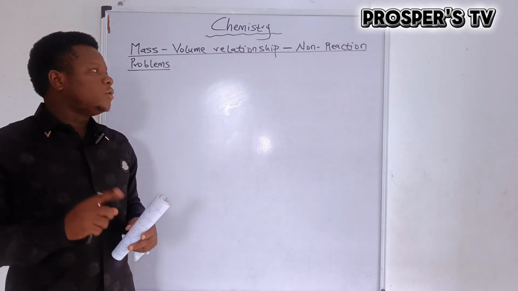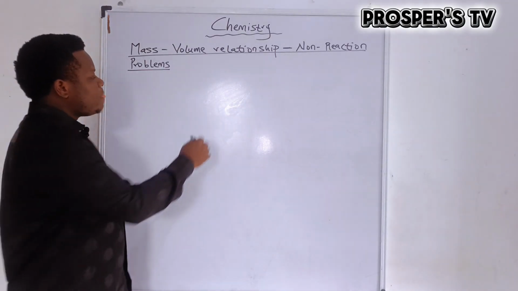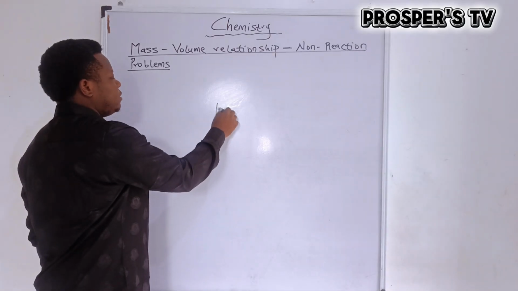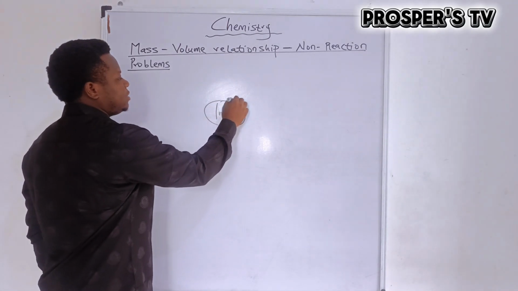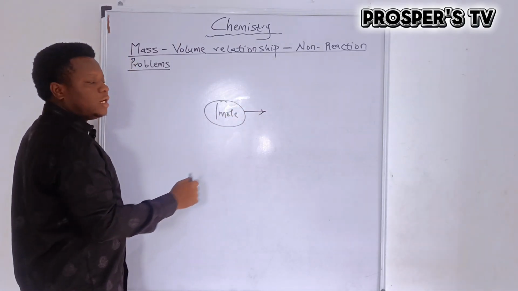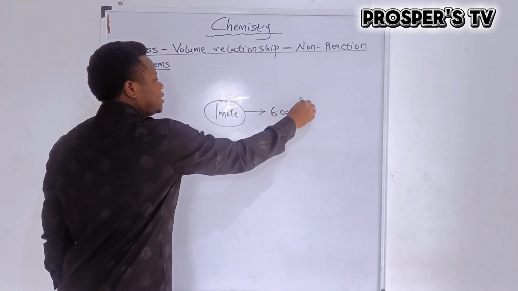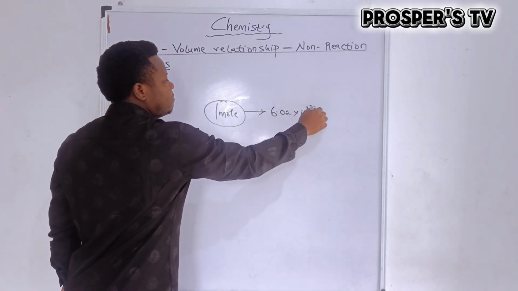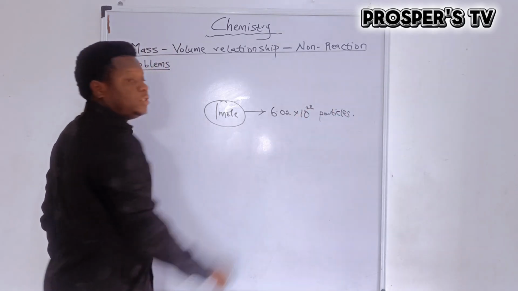Okay. So for you to do this, you just need to remember what I told you in the previous class. We said 1 mole of a substance contains Avogadro's number, which is 6.02 times 10 raised to the power 23 particles, elementary particles.